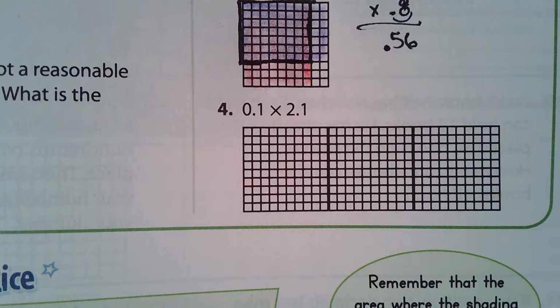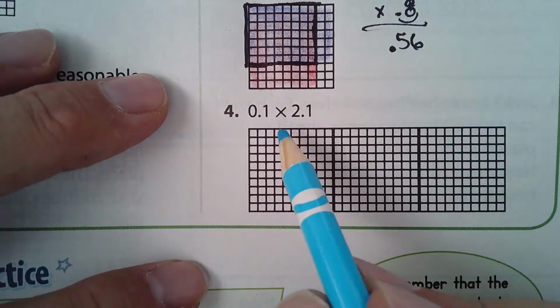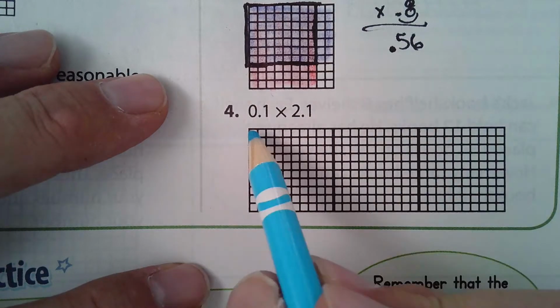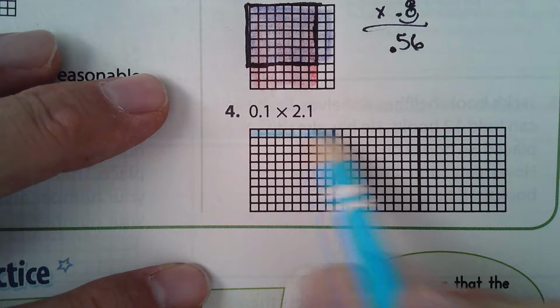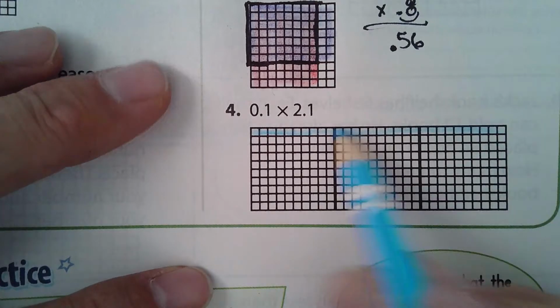This is similar to that last problem I showed you guys a few minutes ago. Let's do this one. So 0.1. This is considered the whole thing here. So 0.1 would be one row all the way across. Remember, you go left to right for starters.